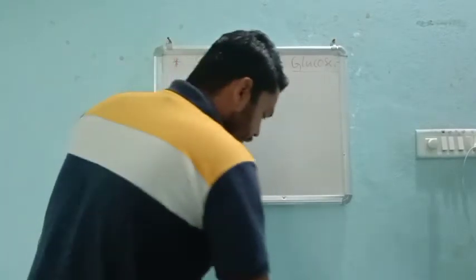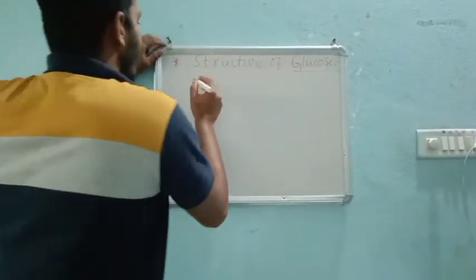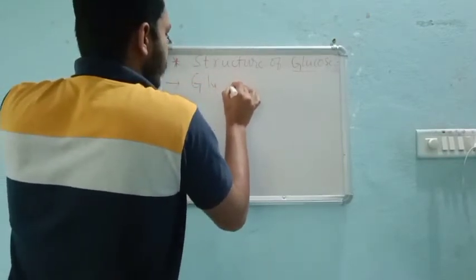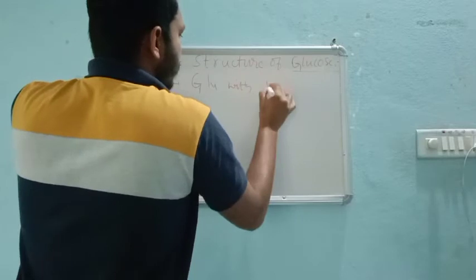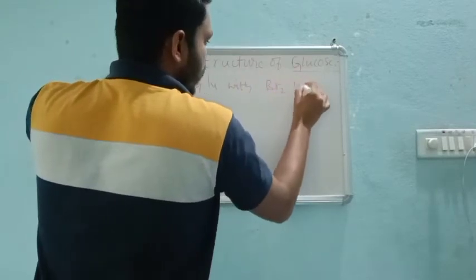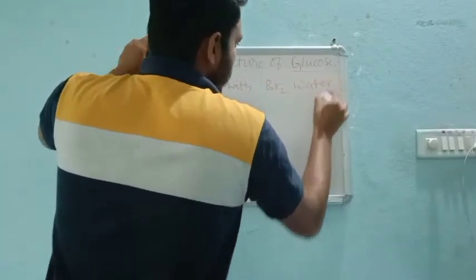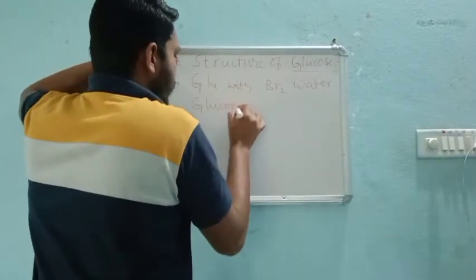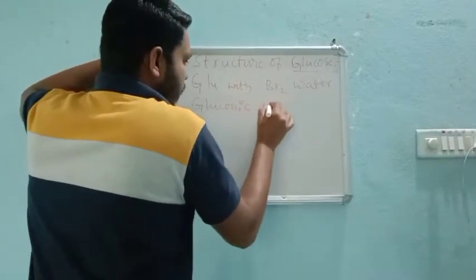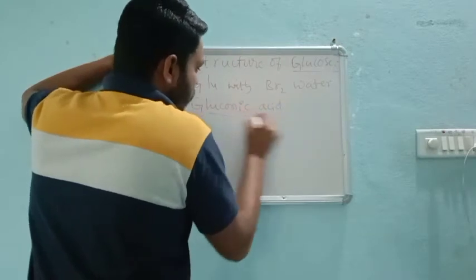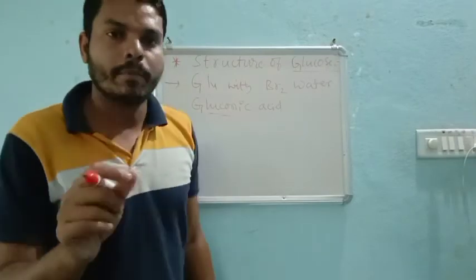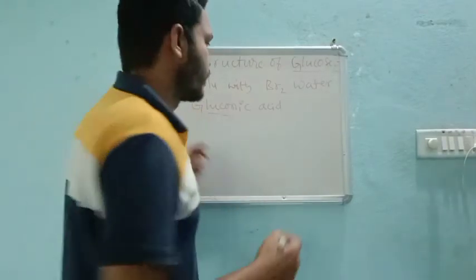So when I react this glucose with bromine water, Br2 water, it gives gluconic acid. The formation of gluconic acid itself indicates the presence of the carbonyl group as an aldehyde group.